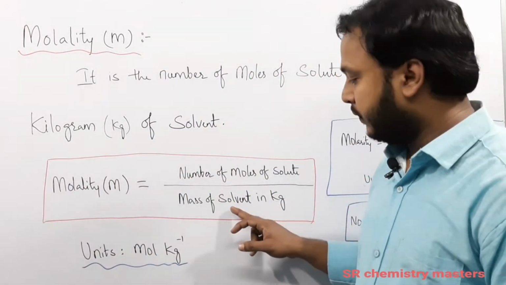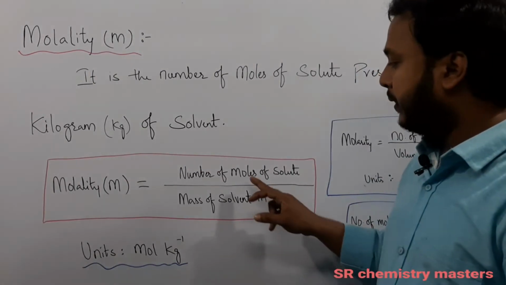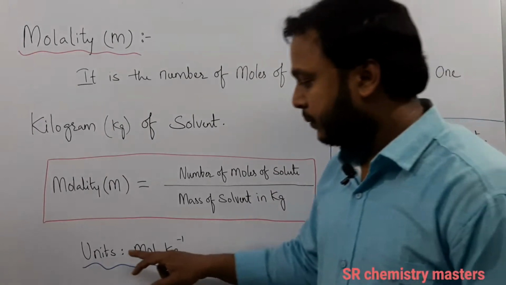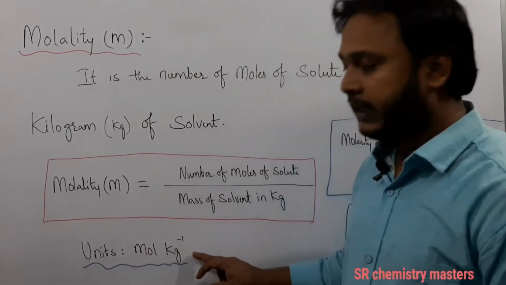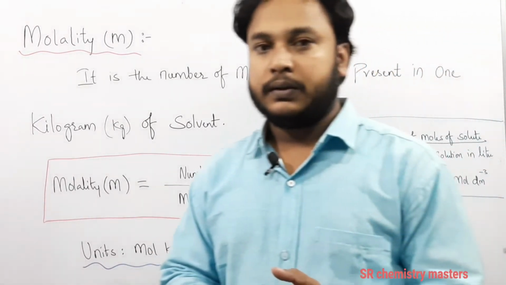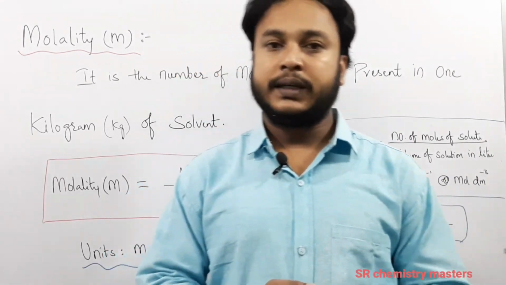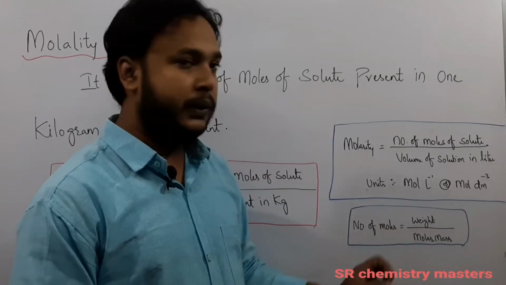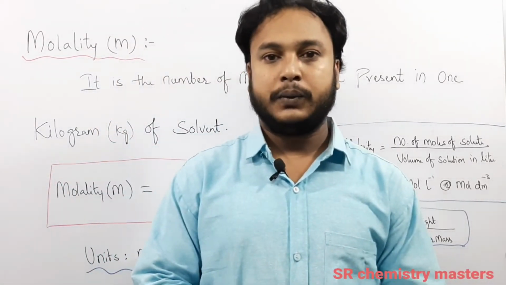As we have taken solvent in terms of kgs and number of moles, we are going to get the units for molality as moles per kg. Here also the number of moles can be calculated by using the formula: number of moles is equal to weight by molar mass. This is molality.